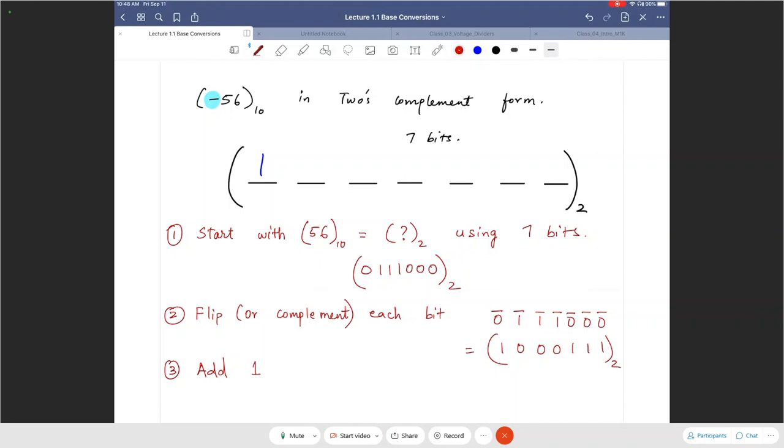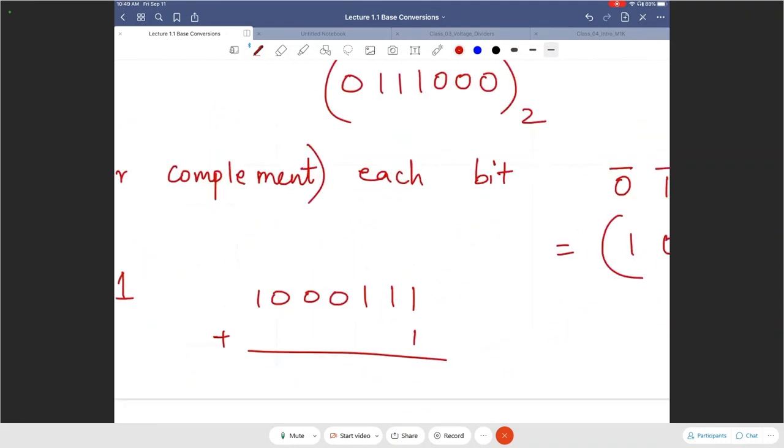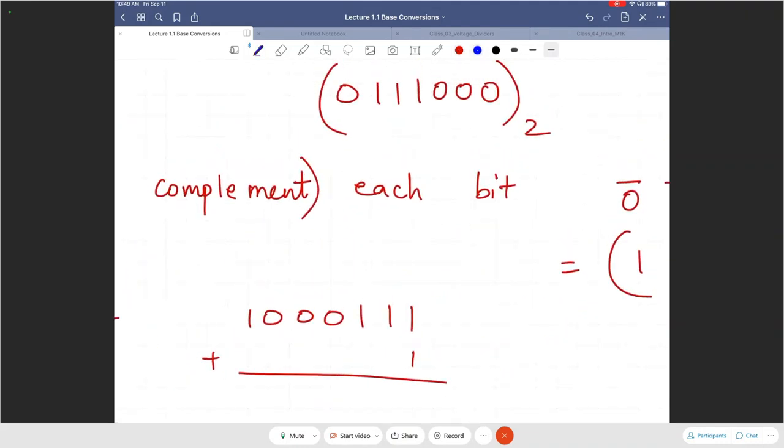So what do you get? 1, 0, 0, 0, 1, 1, 1 plus 1. Carry out the sum and carries. You've got 1 plus 1, 0, carry 1. 1 plus 1, 0, carry 1. 1 plus 1, 0, carry 1. Then 1, 0, 0, 1.